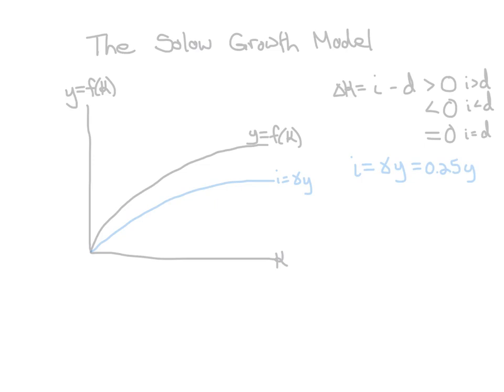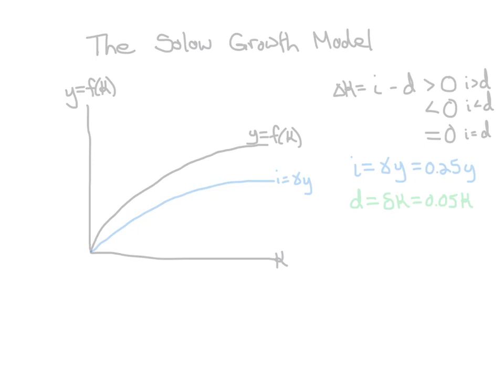So then let's draw the second piece of our equation up here, the depreciation part. So depreciation is going to be defined as delta fraction of our existing capital stock. So for instance, delta might be 5%, and so that means that 5% of the capital per worker is depreciating each period.